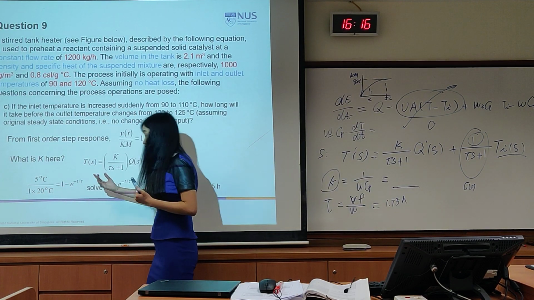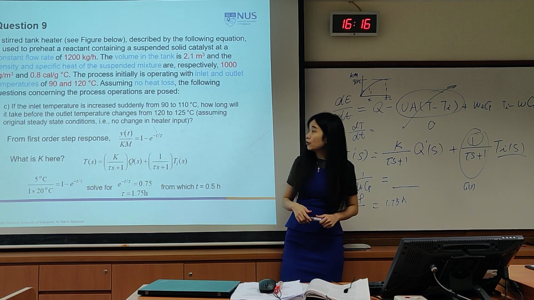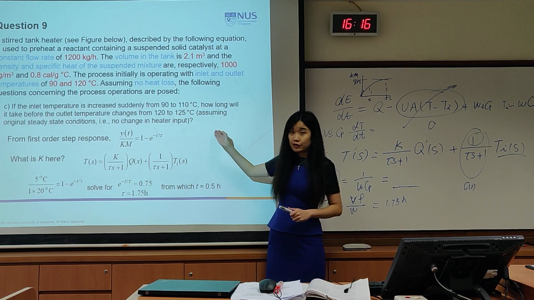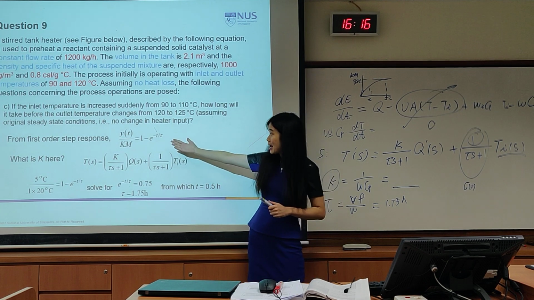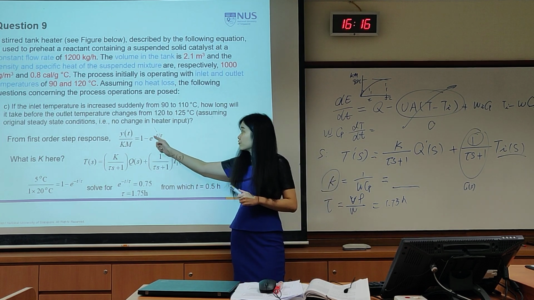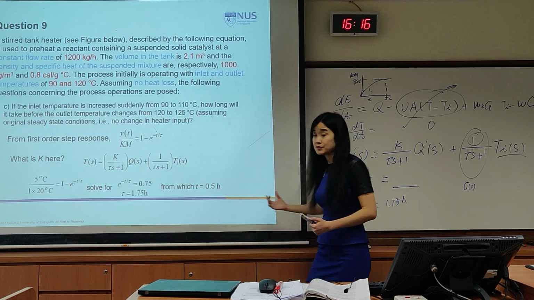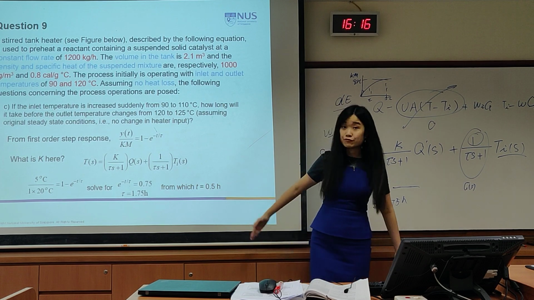Km is 1 by 20, M is a 20 degrees C change. So we know the Y(t) is a 5 degrees C change. All deviation variables. So when we use the 5 output divided by the Km value, we're able to solve for the temperature here, because tau is the same tau for both transfer functions. So we can use the whole thing to calculate the time required.